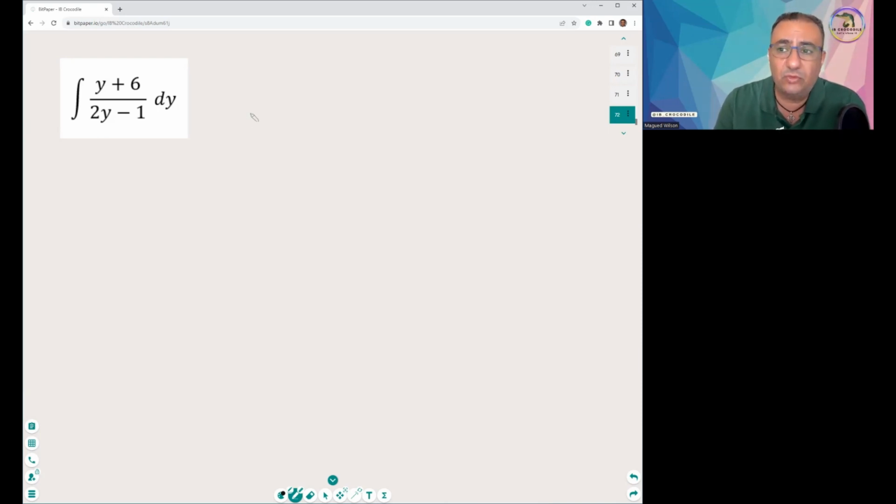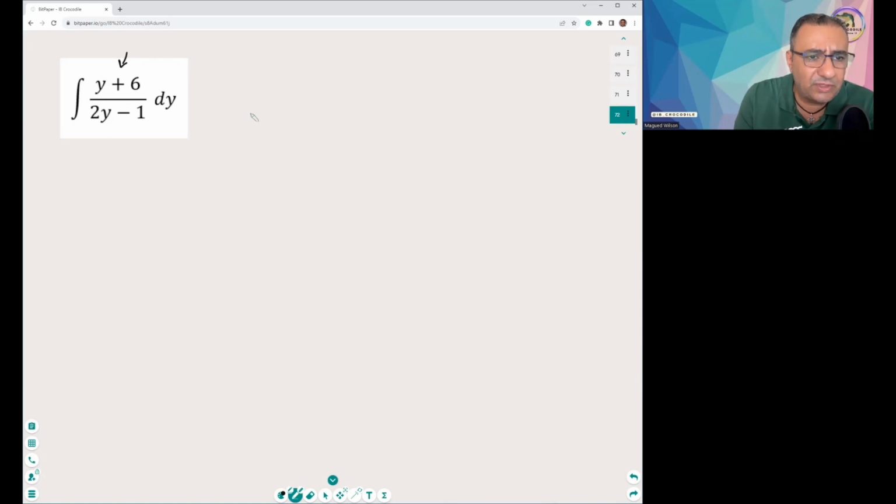So what we need to do is some algebraic manipulation, and then see how we can get from there. What I would do is split from the top here.